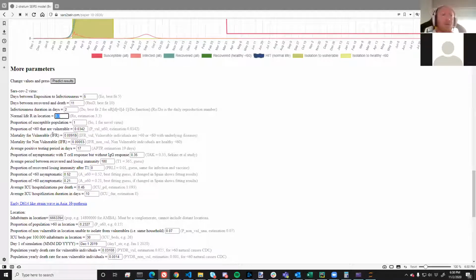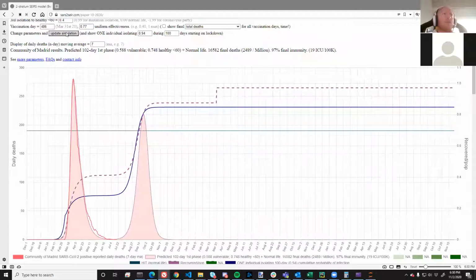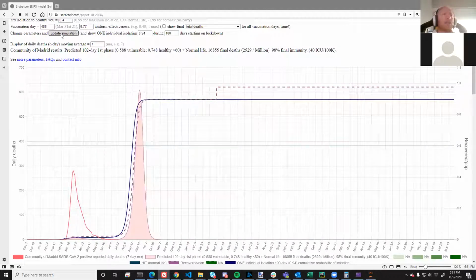Because the range is between 2.5 and 3.3 more or less, we decided to go with 3.3 for the paper. But we can actually say, okay, let's set it to the 2.5 range. So we are going to update the simulation, and there you can see essentially what happens.